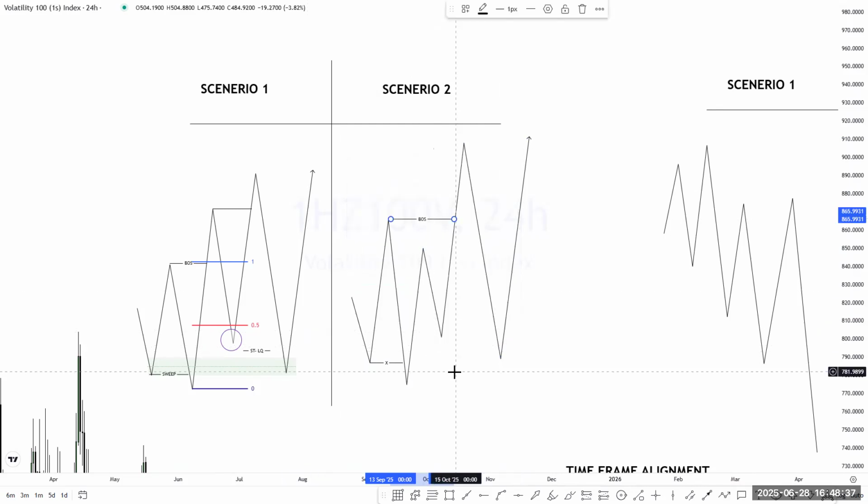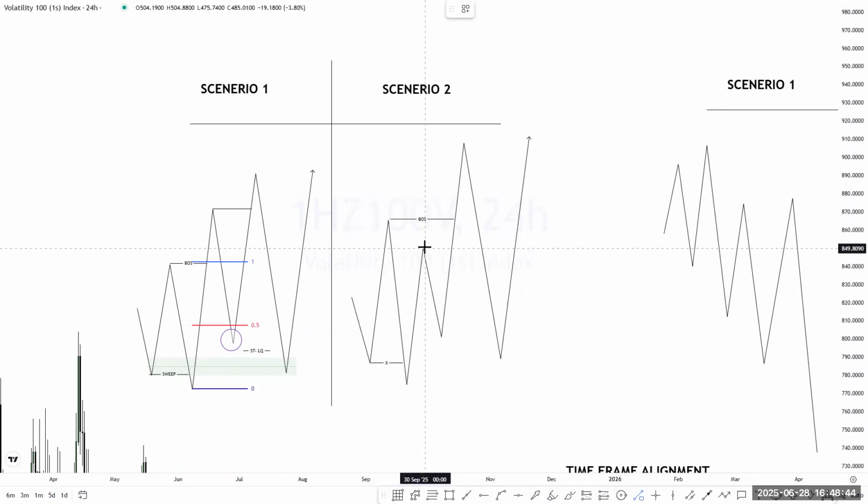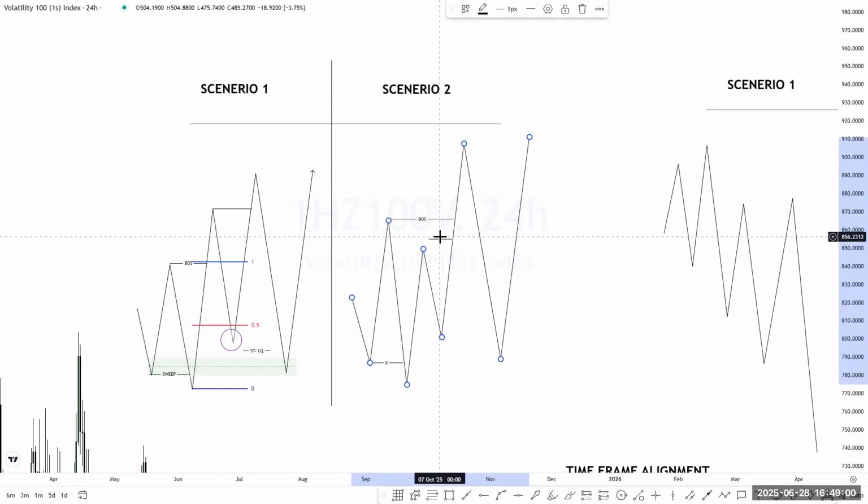So once you identify your break of structure, now you discover that price will engineer liquidity before moving. Now this is the difference: in scenario one, price just breaks structure, just like this. Sometimes it could be a double top, giving an inducement before breaking structure.